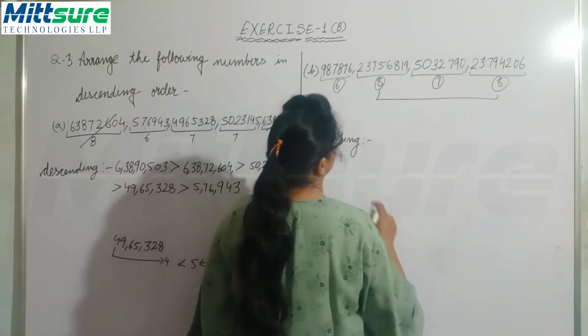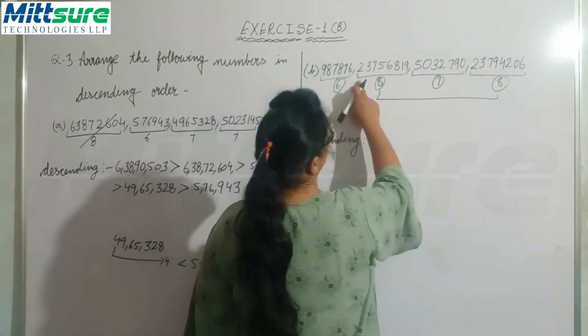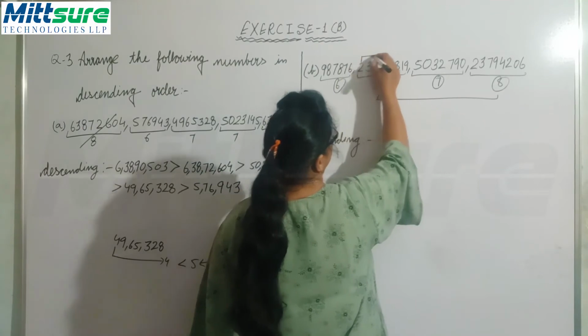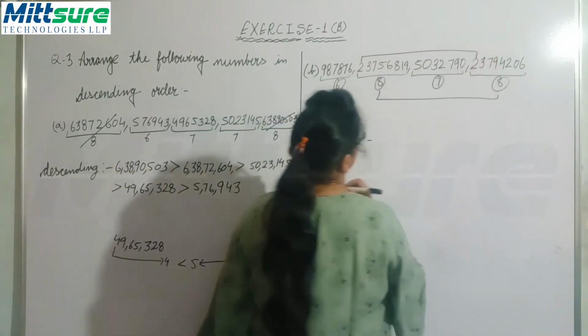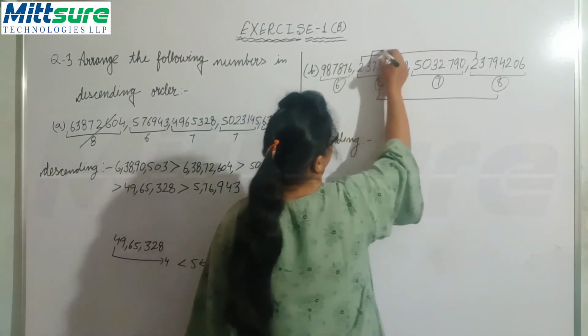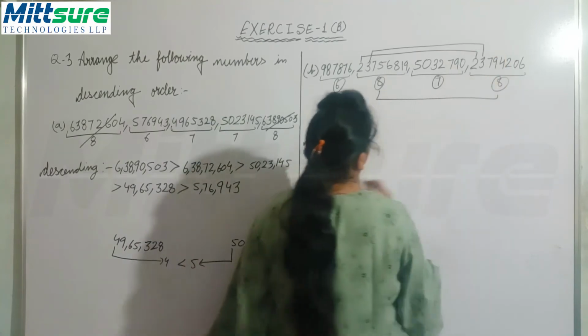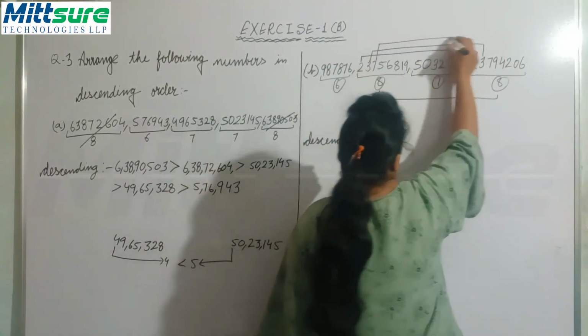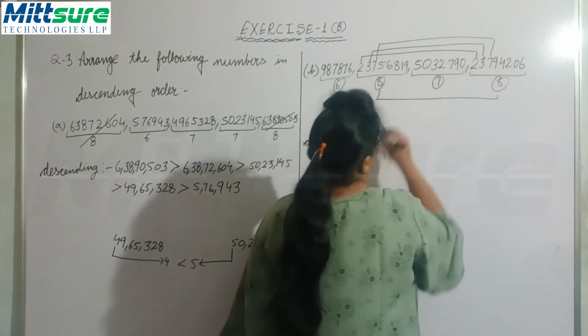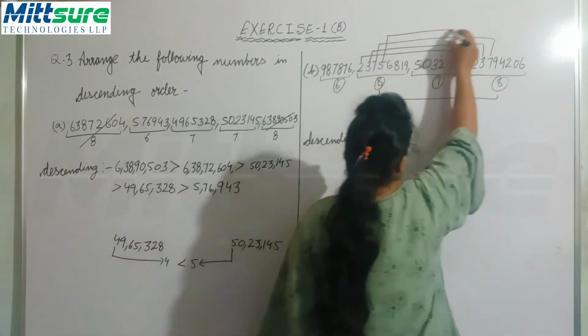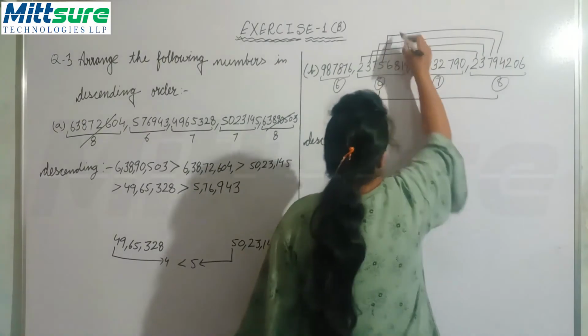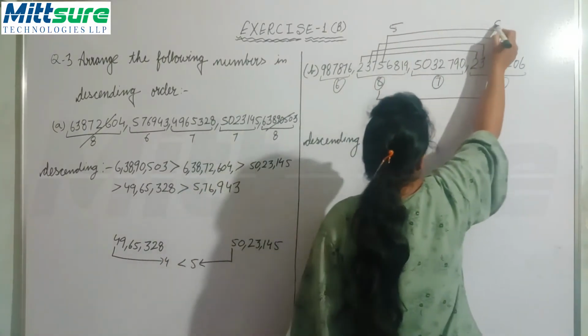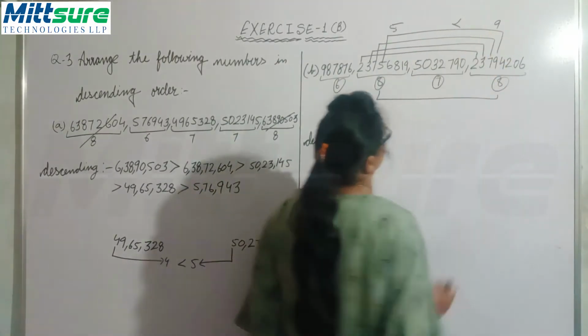If we arrange in descending order, we have to compare. The first digit is similar, it is 2. The second digit from the left is 3 and 3. The third digit from the left is 7 and 7. The fourth digit from the left differs: it is 5 and 9, and 9 is greater.